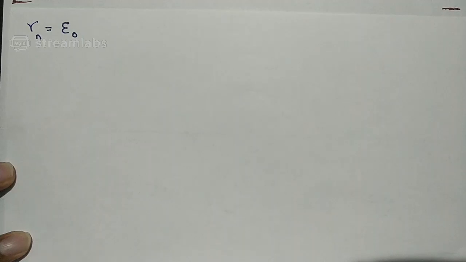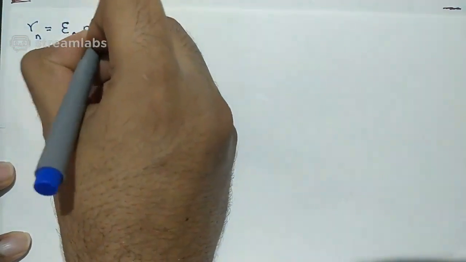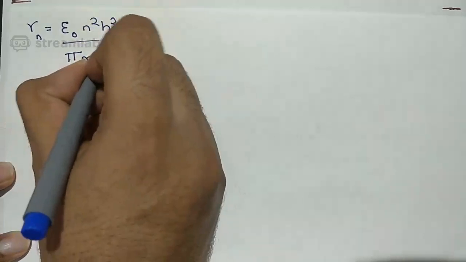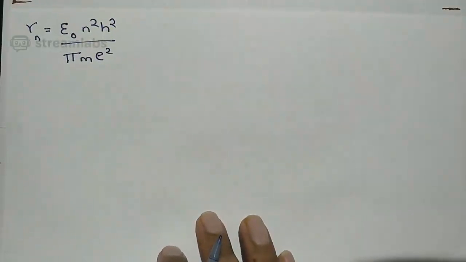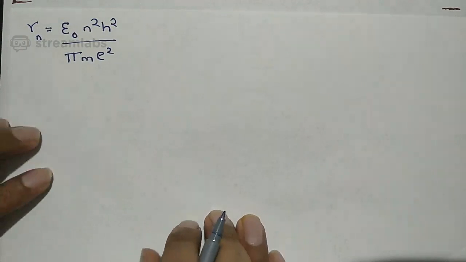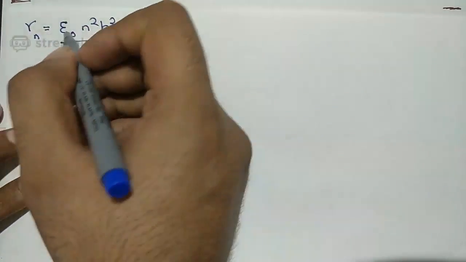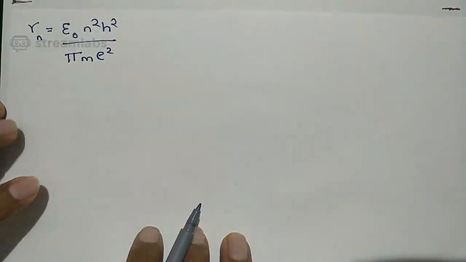So if you look at the expression n square h square by pi m e square, look at the terms in that expression. Epsilon naught is the permittivity of free space.